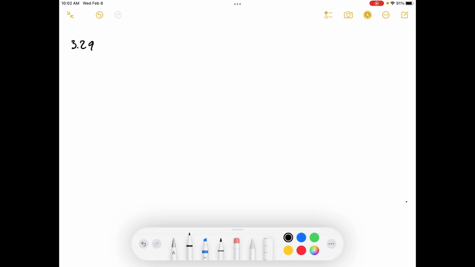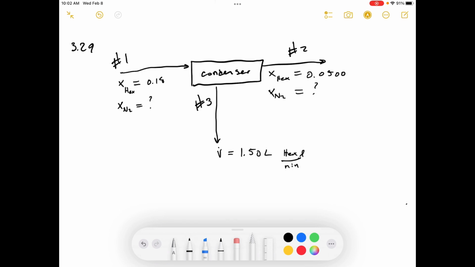All right, let's draw our picture here. This is similar to the picture that they gave to us in the book. The only thing I've done a little different is I've broken out the mole fractions for hexane and N2, and I've also added stream numbers for stream number 1, stream number 2, and stream number 3.